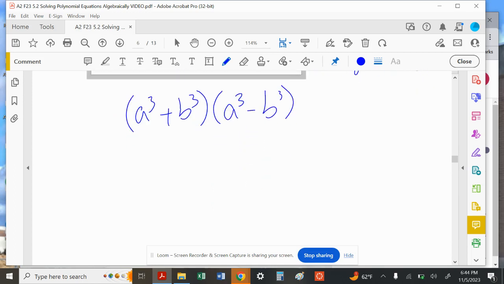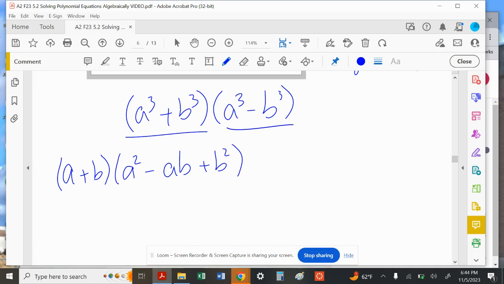And now I can factor those. And from the rules above, that becomes a plus b times a squared minus ab, because we multiply those two together, plus b squared. And on this end, we have a minus b times a squared plus, because it's opposite sign, ab plus b squared. And that's how we write it out.